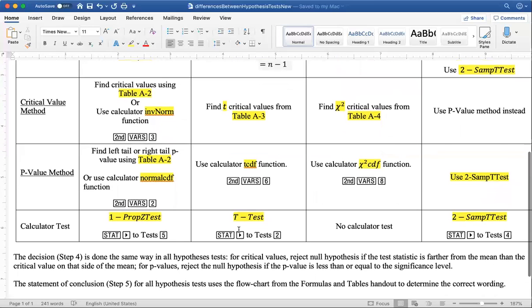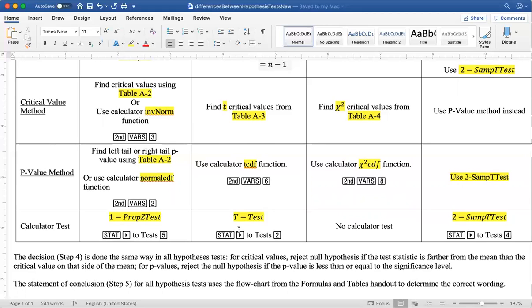And then there are hypothesis tests for the proportion, for the mean, and for the difference between means. We've already talked about the one for the difference between two means, giving us the test statistic and the p-value. For proportion, it's the 1-PropZTest, and you get to that by hitting stat, right arrow to test, and hitting the number 5, 1-PropZTest.